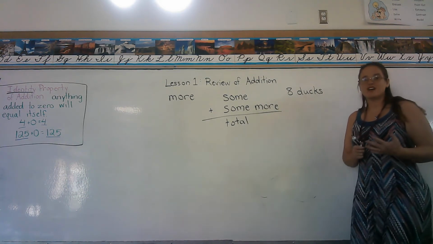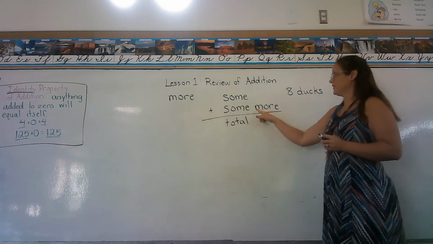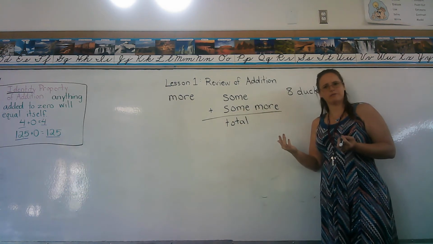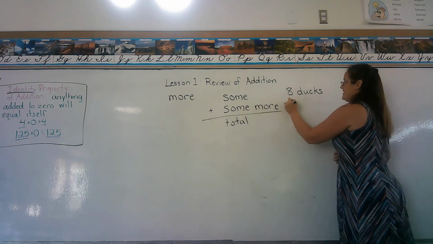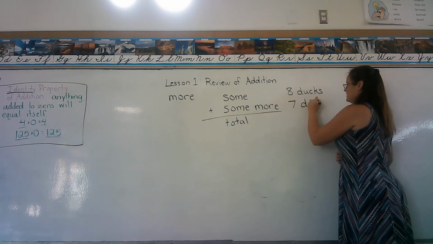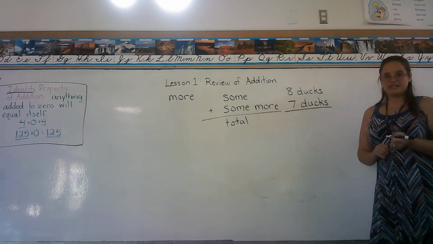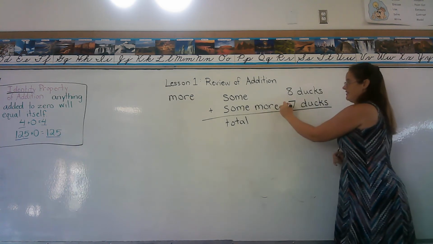Then Matthias saw 7 more ducks. Oh, we heard that word more. That's our some more. He saw some more ducks. Well, how many more did he see? He saw 7 more ducks. How many ducks did Matthias see in all?